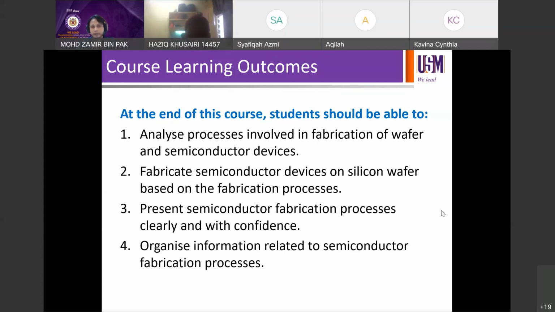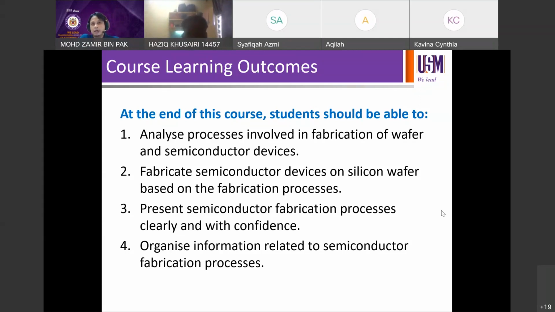The second one, fabricate semiconductor devices on silicon wafer based on the fabrication processes. So if you look at the original plan of this course, we have a lab session for about 3 weeks, but due to the pandemic, I don't think it's gonna happen for this batch as well, because it didn't happen for the previous batch, because they were not allowed to be on campus, so therefore not allowed to be in the lab, and there's no physical activities on the fabrication.